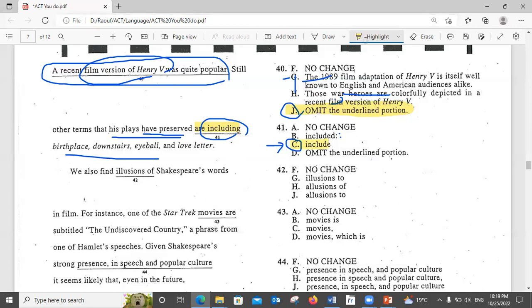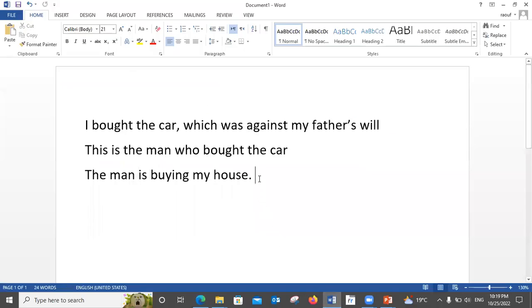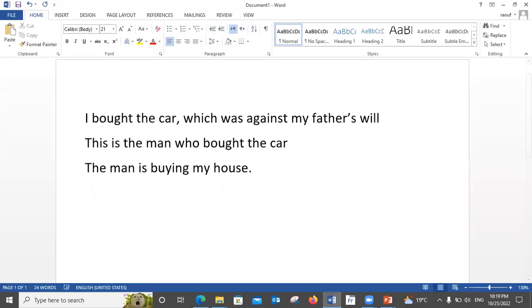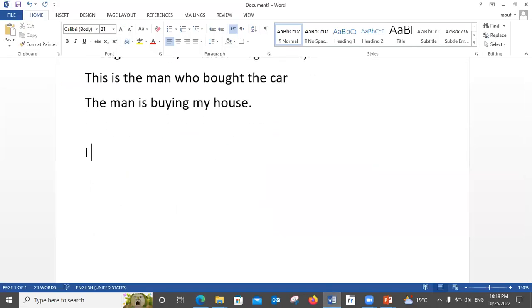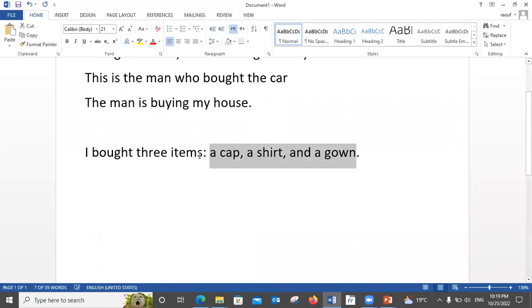42 is about why can't I use included with a colon? That's redundancy, honey. Look, I bought 3 items: a cap, a shirt, and a gown, let's say. What are these items? This is the list of what the items are.